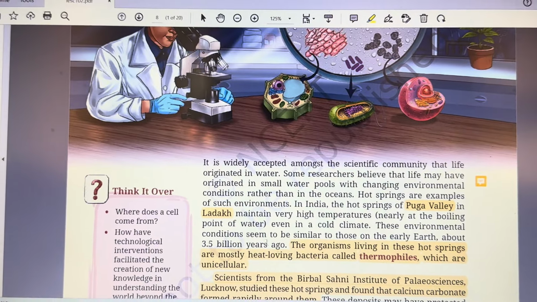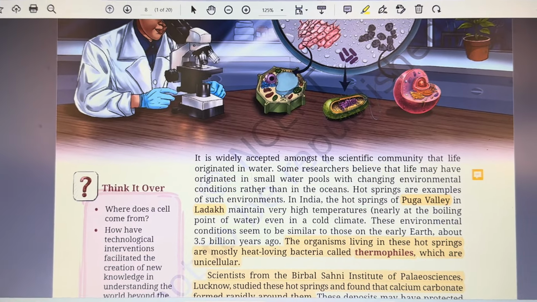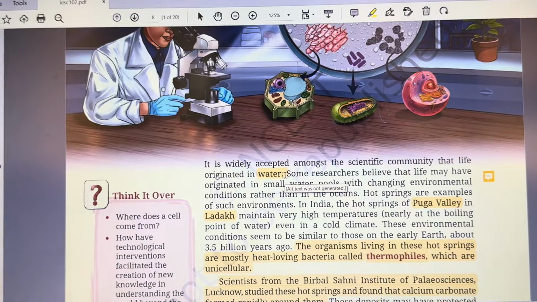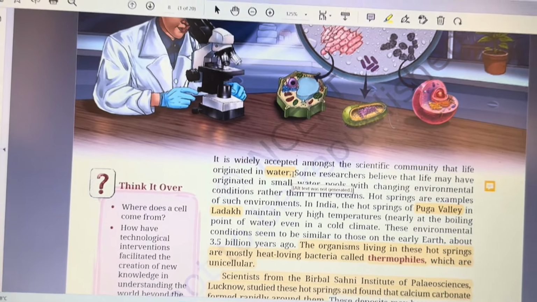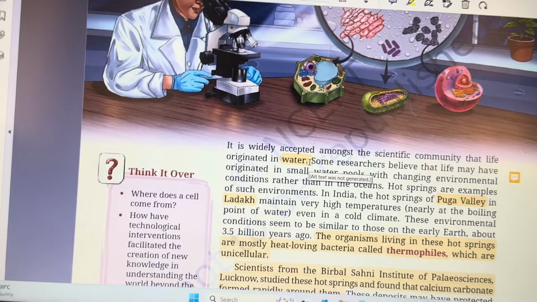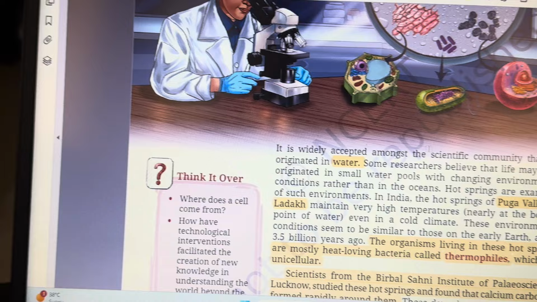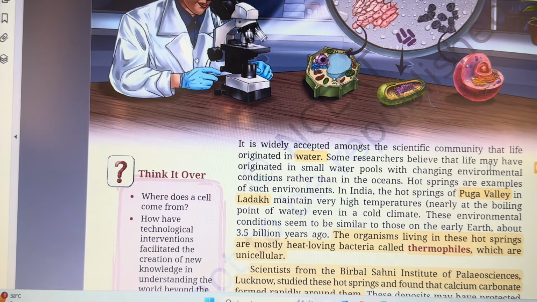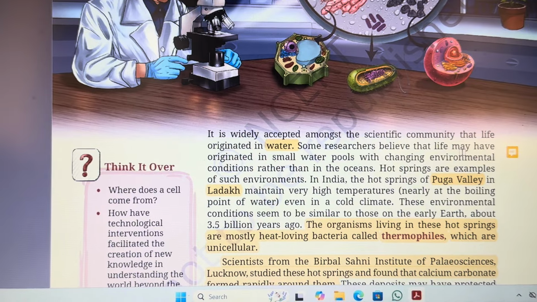It is widely accepted amongst the scientific community that life originated in water. So many scientists tell that the first evidence of life was found, and it is believed that it originated in water. Some researchers believe that life may have originated in small water pools with changing environmental conditions.